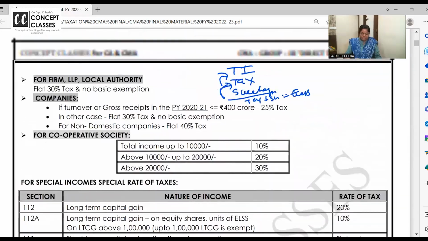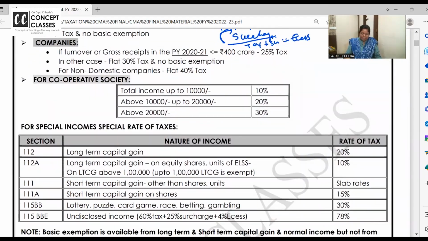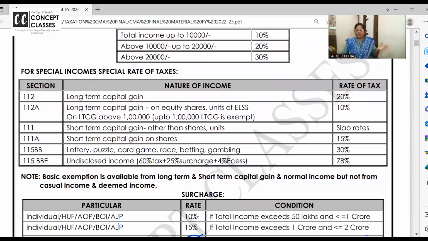So now let us first do the special incomes, special rates. Until now, what did I say? Your normal income, flat rate of tax. Now special income, special rates. Long-term capital gain on properties and all, it is 20%.